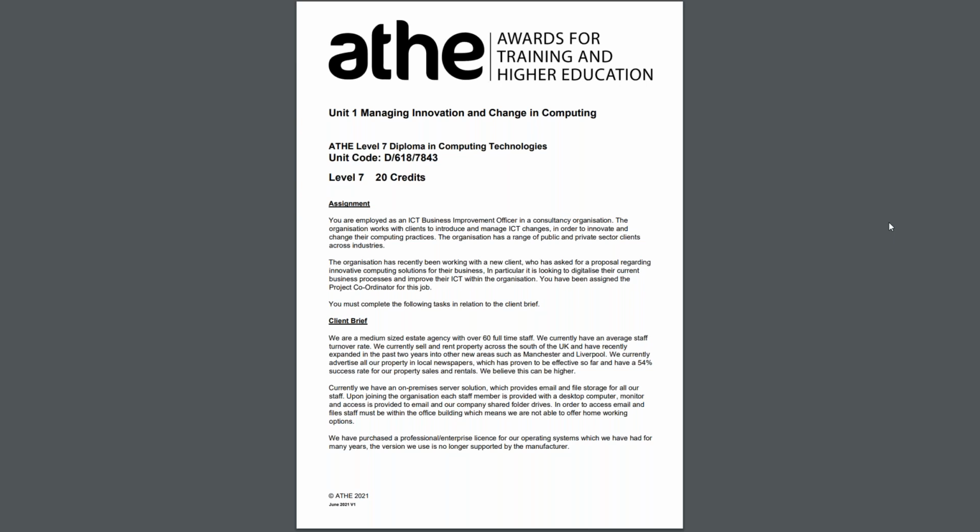We currently advertise our properties in the local newspaper, which has proven efficient so far, and we have a 55% success rate for our property sales and rentals. We believe this can be higher.